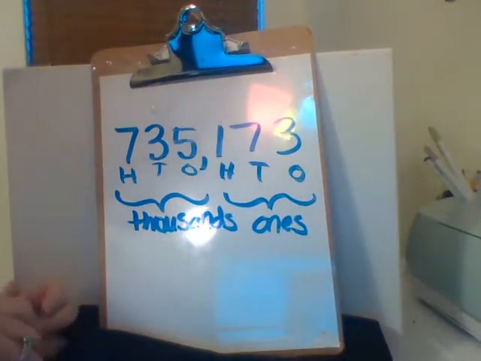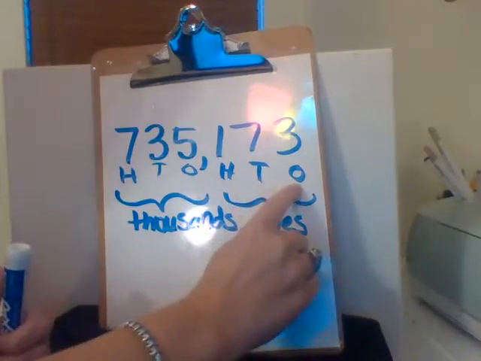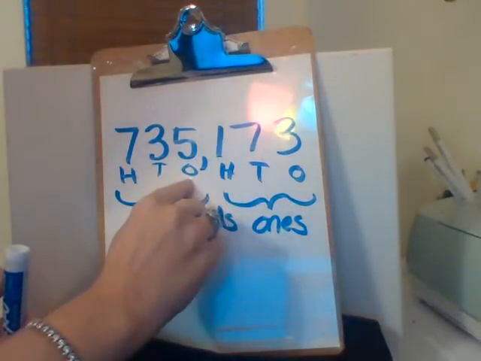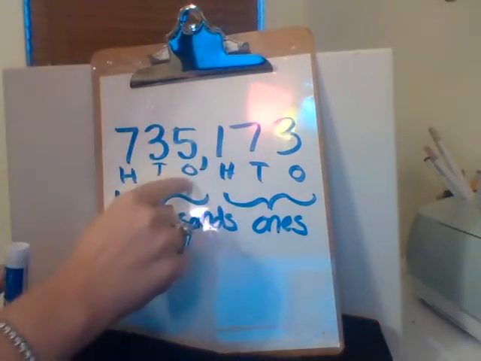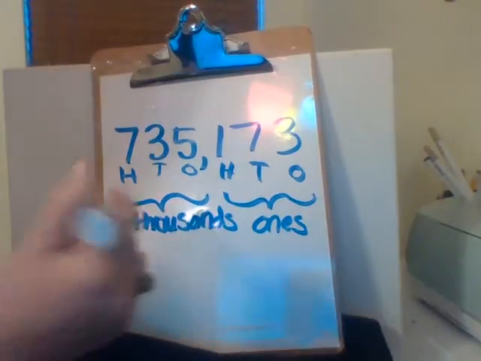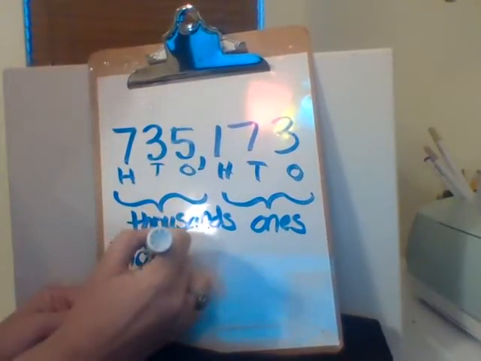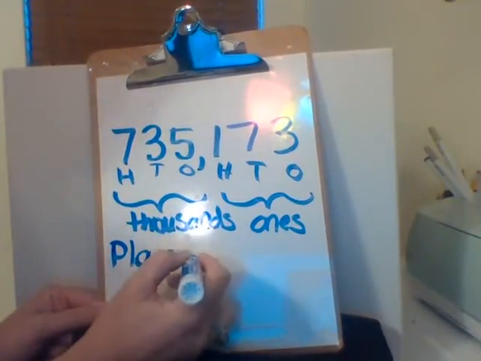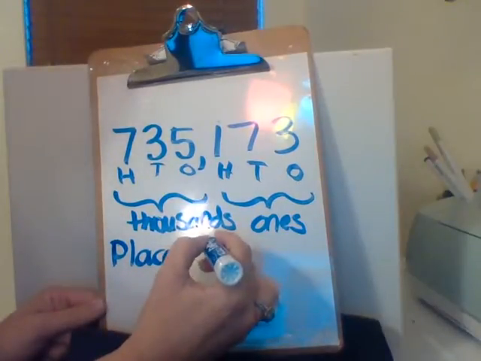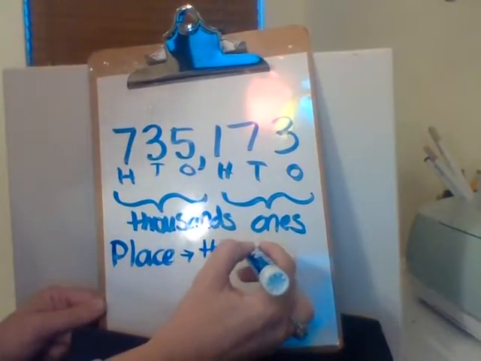It's very important that you know your place and place value. So the place of a number is the words here. The 5 is in the 1,000s place. So if I were to list where that 5 is, we're going to say the thousands place.